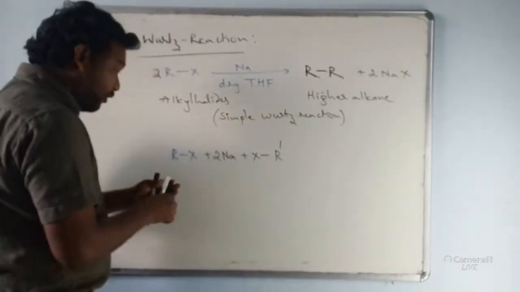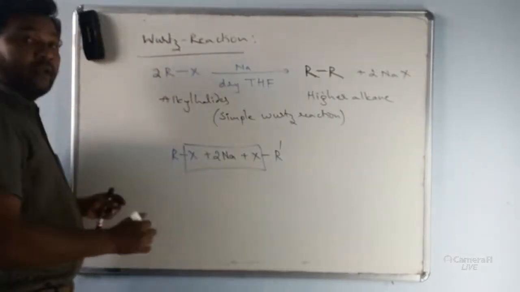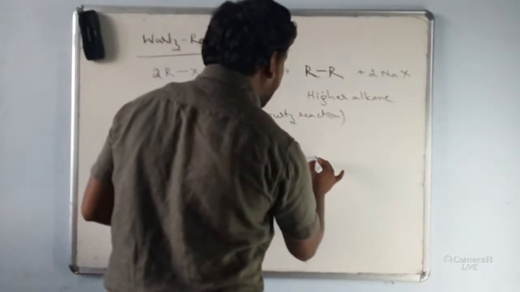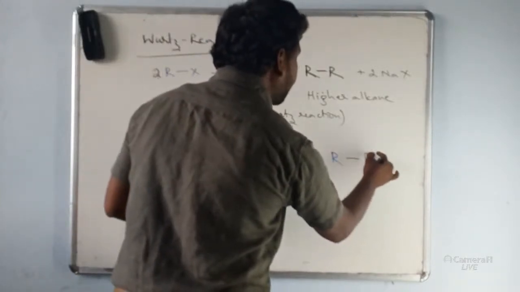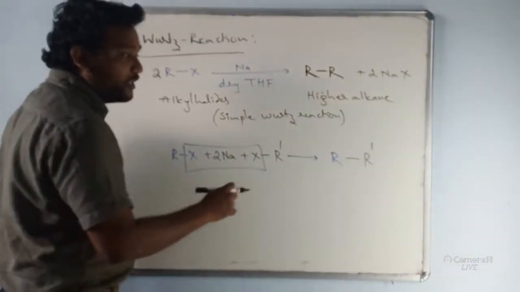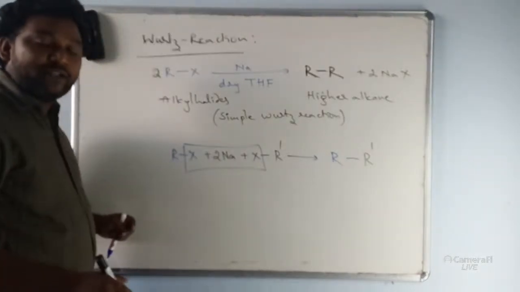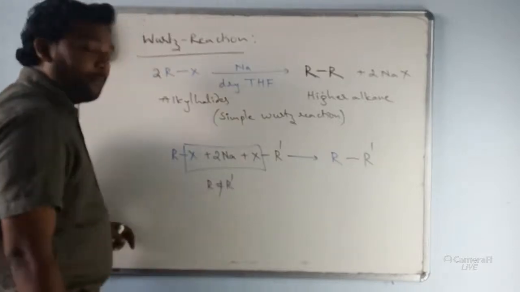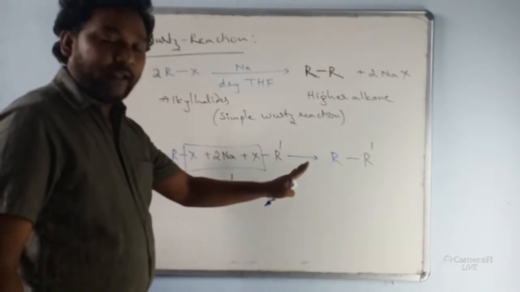Then you see the loss of sodium halide and a new carbon-carbon bond forming between the two alkyl groups, resulting in the formation of this alkane. This is also a higher alkane, but it comes from two different alkyl halides, R not equal to R prime.